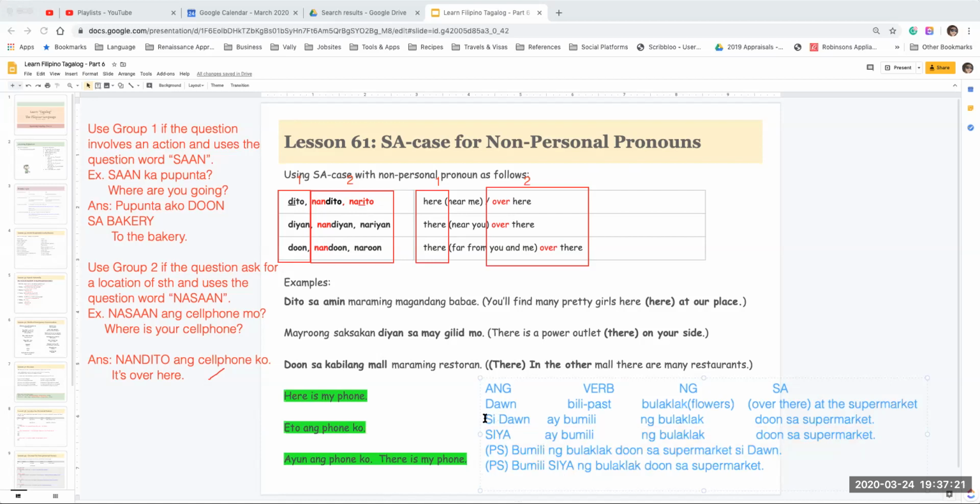If it's a personal name, you can insert it anywhere you want, for example "Bumili ng bulaklak si Don doon sa supermarket," as long as you don't change your focus. But if it's a pronoun, there's only one place for it when it's PS: right after the verb.